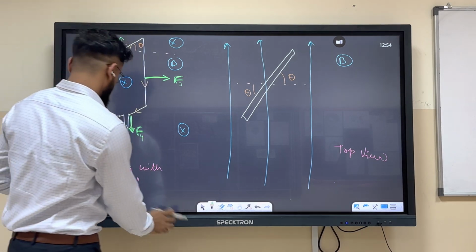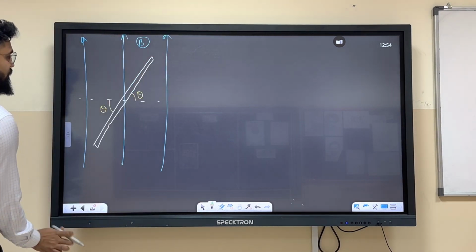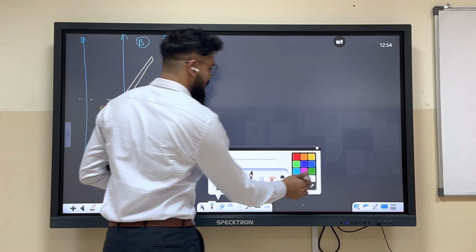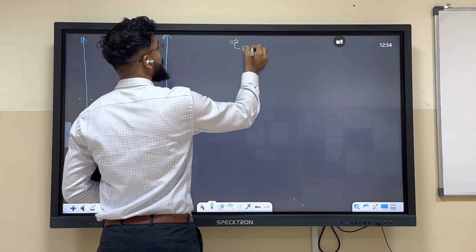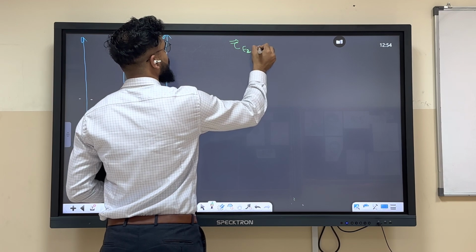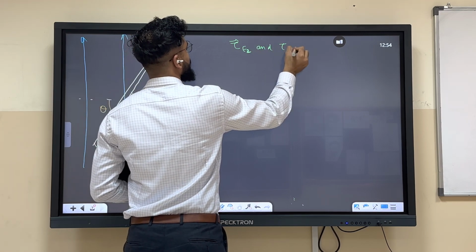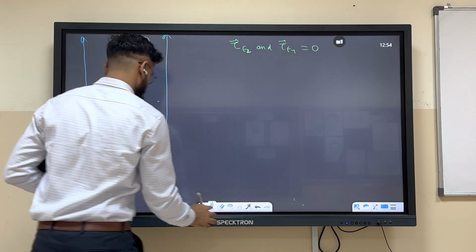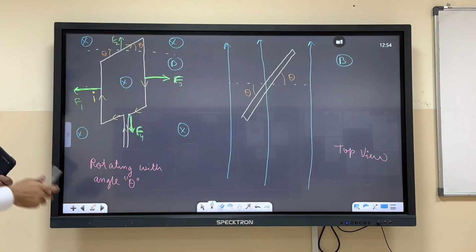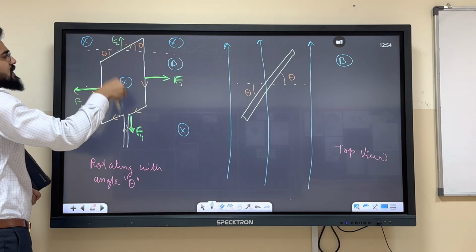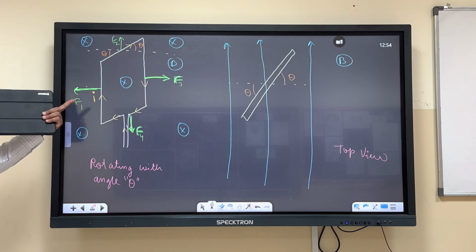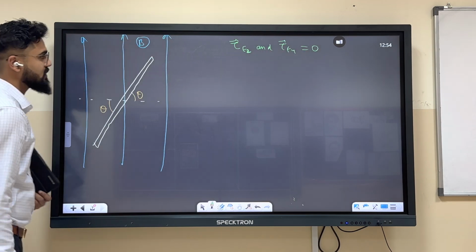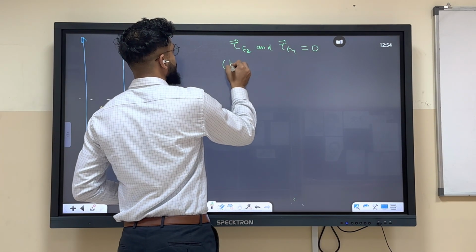Okay, so can we write on the next page: torque because of F2 and torque because of F4 is 0. I was saying F2 and F4, right? Because of these two forces, torque will be 0. Why? Because they are passing through the axis.